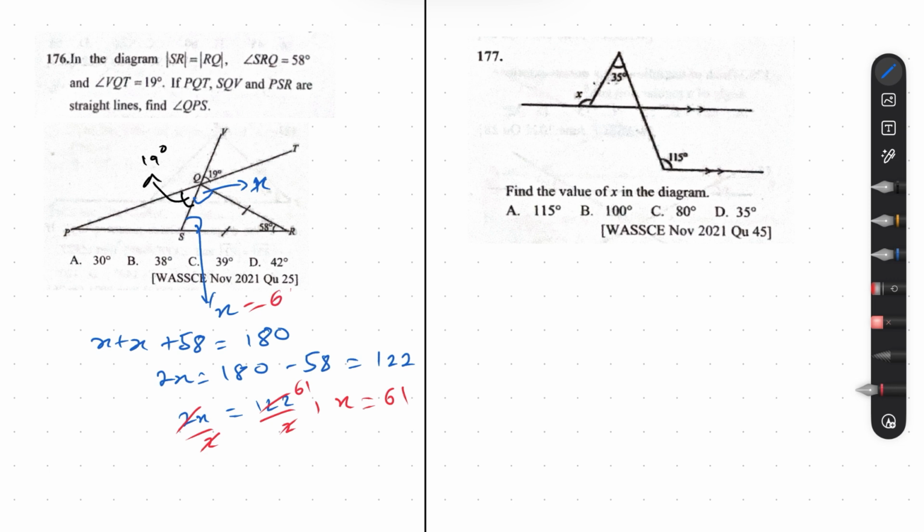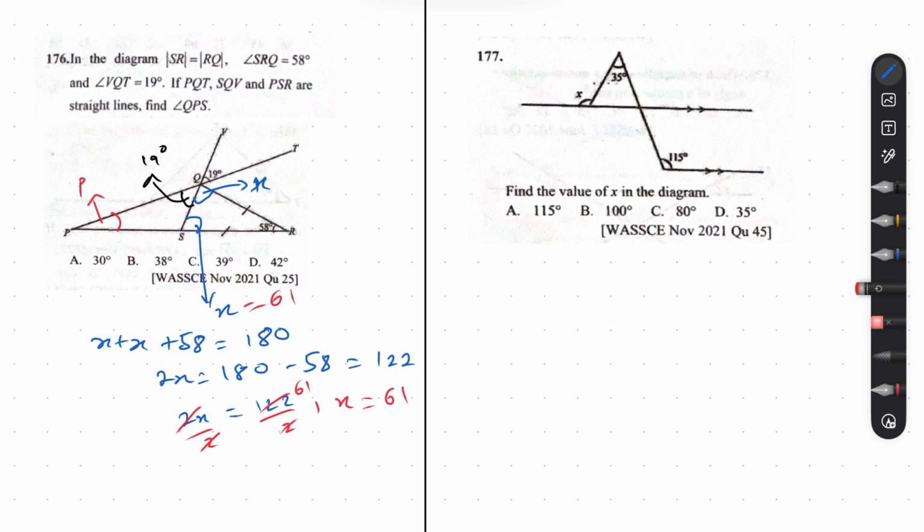Now, in order to find the angle we are looking for, which is QPS, this angle right here, we know that the sum of two interior angles should give us the opposite exterior angle. So this angle that we are looking for, let's call it P, plus this angle here should give us the opposite exterior angle, right?